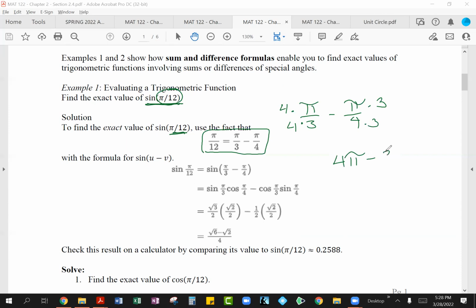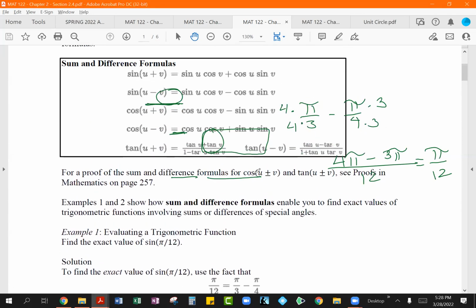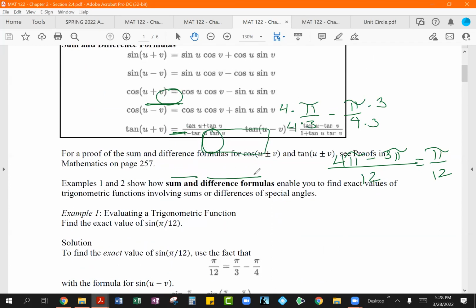You get 4 pi minus 3 pi over 12. 4 minus 3 is 1. That's your pi over 12. So it's just how you can break down your single angle. Then I can rewrite the sine of pi over 12 as sine of pi over 3 minus pi over 4. And this is where your sine of u minus v formula will kick in, because you have pi thirds minus pi fourths.